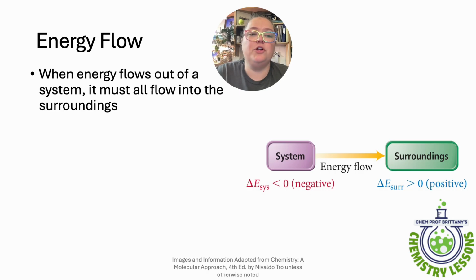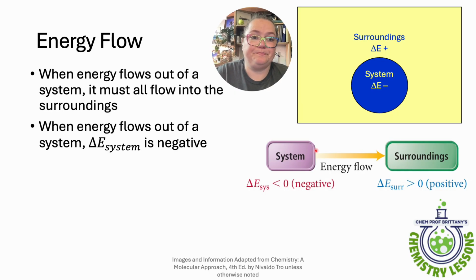So when energy flows out of a system, it all has to flow into the surroundings, right? So out of our system, our reaction, into the surroundings. If we are losing energy and releasing it, our delta E is negative. If we are gaining energy or absorbing it, then our delta E is positive, which is the situation here.